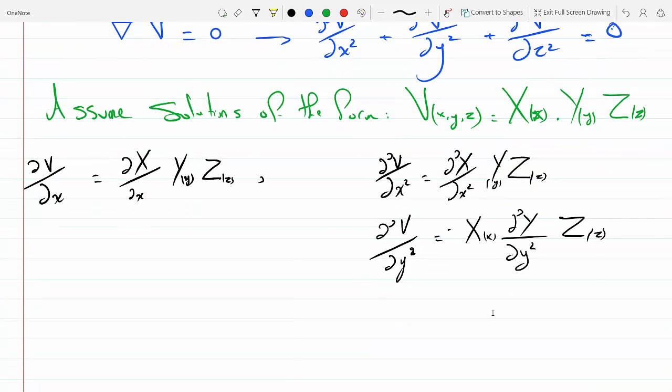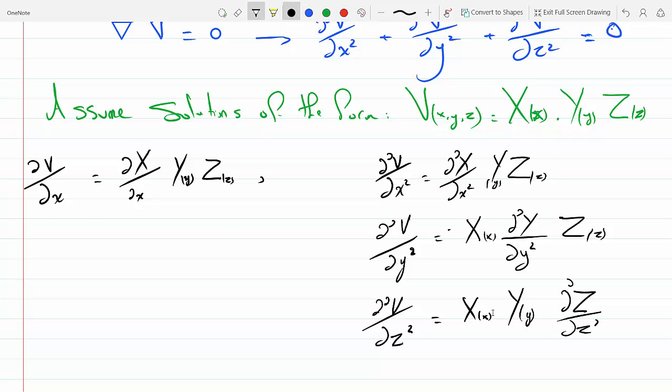And I do it again, differentiating with respect to z twice. X is independent of z, Y is independent of z, and I get X times Y times d squared Z over dz squared.